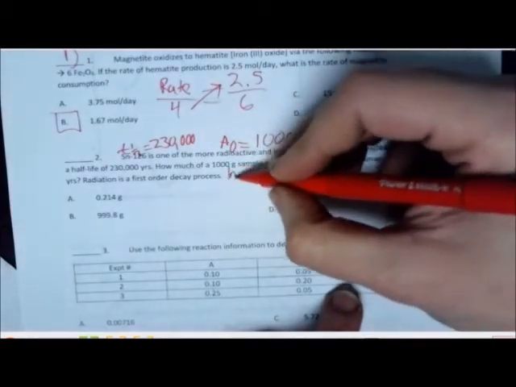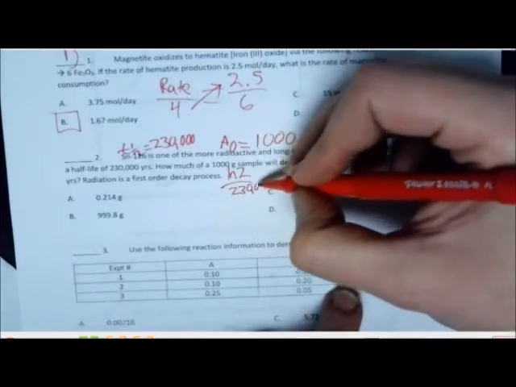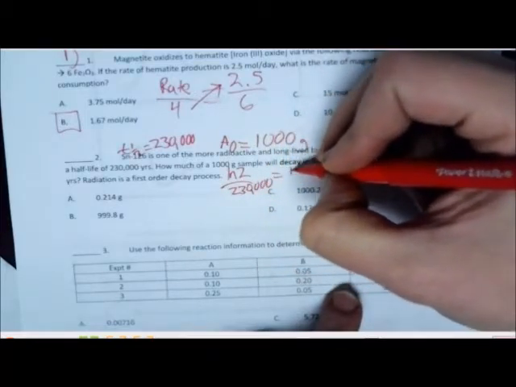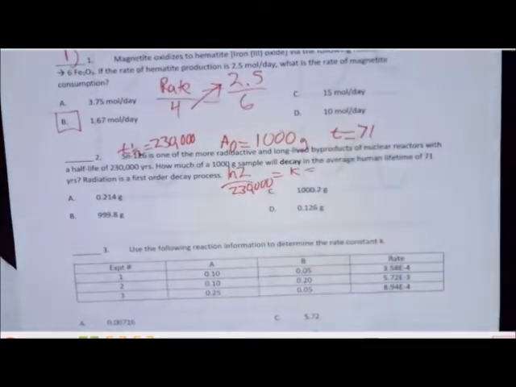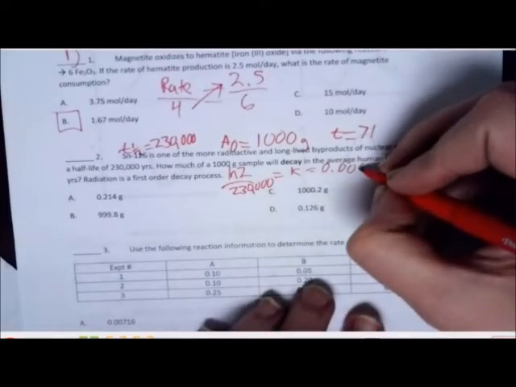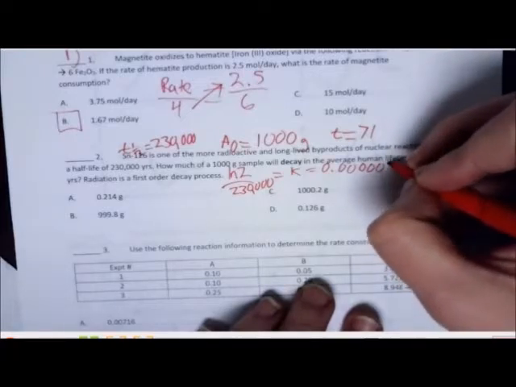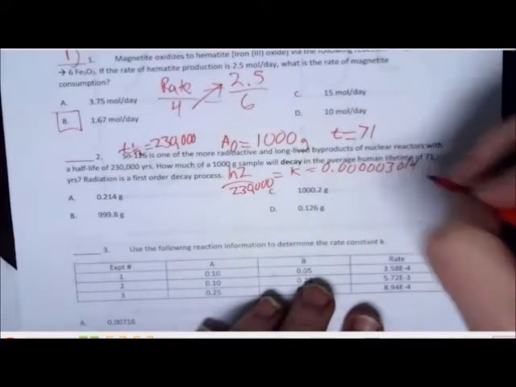So ln 2 over 230,000 gives us our k, a small number. It is something like 0.00003014. That's our k.